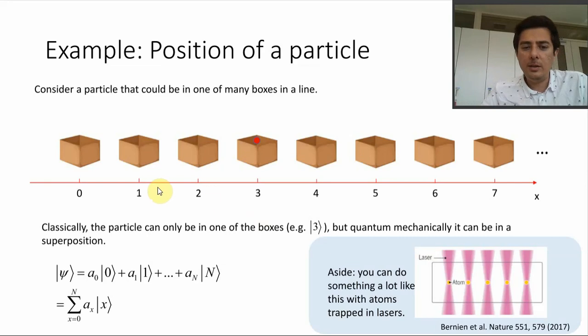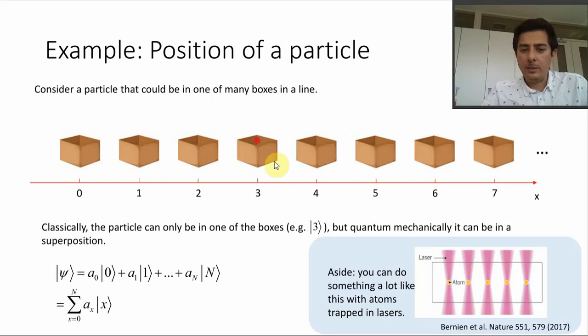Say that we've got this red particle here, and suppose there are many boxes all in a line, on the ground somewhere, and the particle can be in any one of the boxes at a time. Classically speaking, that's the situation.